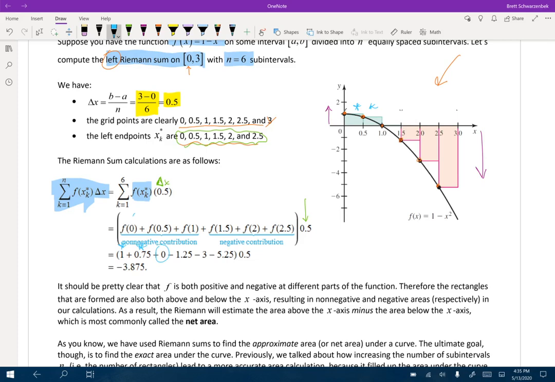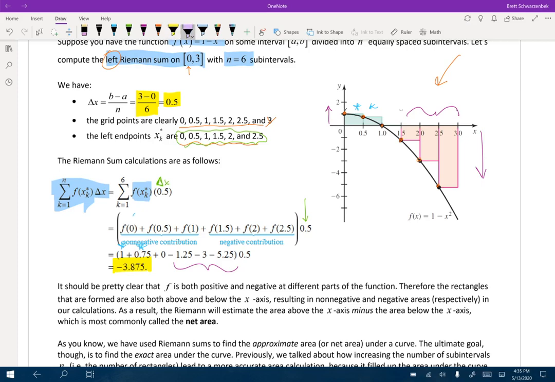But look what happens on the last 3. We actually have a negative contribution to the area. If the rectangle to the x-axis is below the axis, then it's a negative area. So what do we end up with in the end? We end up with an area of negative 3.875.